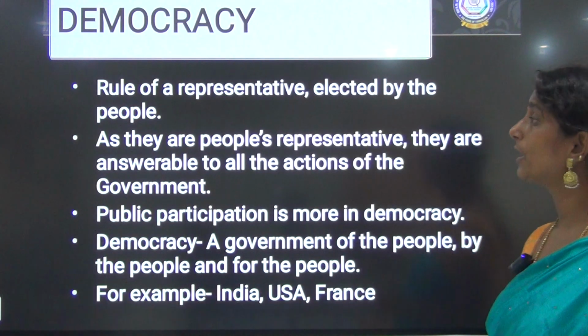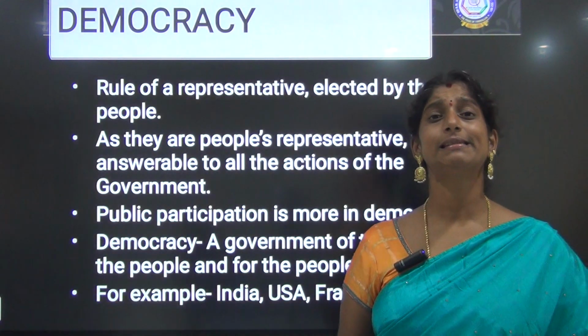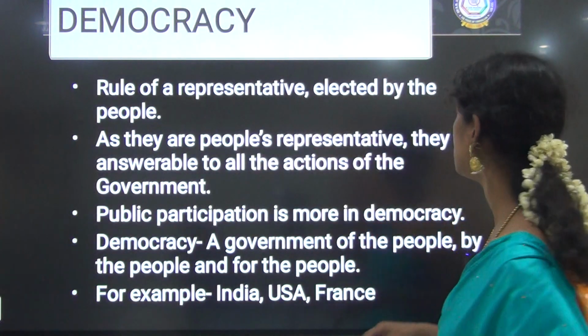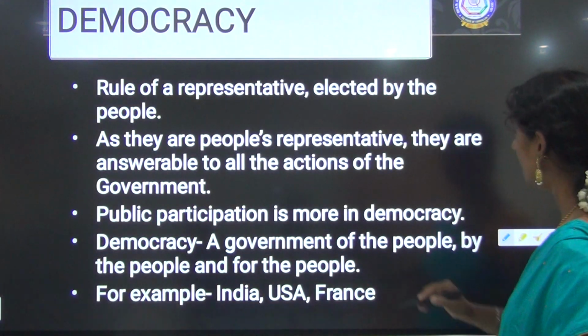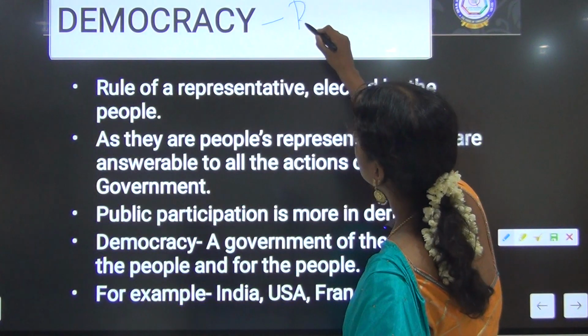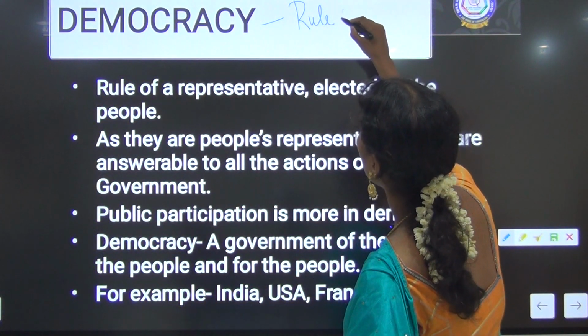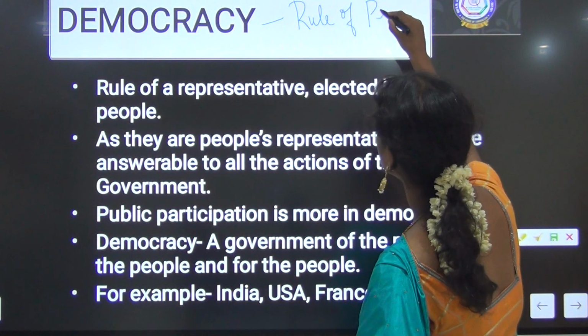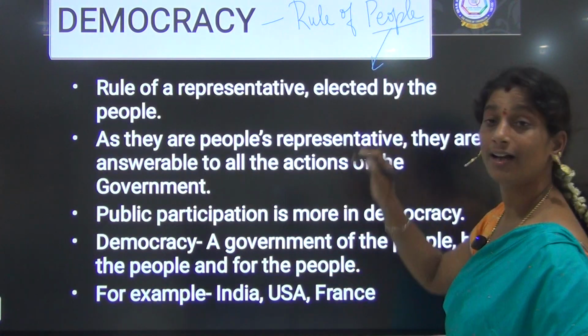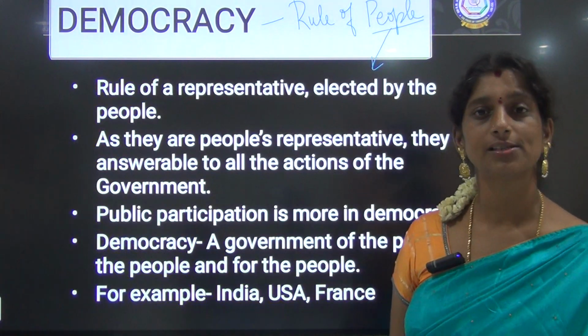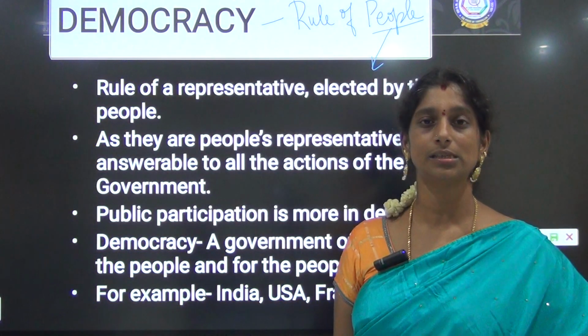Then comes democracy. Democracy is the rule of the people in simple words. But it is not that people go and rule themselves, right? What people do is elect someone as their representative, someone to represent us from among ourselves.